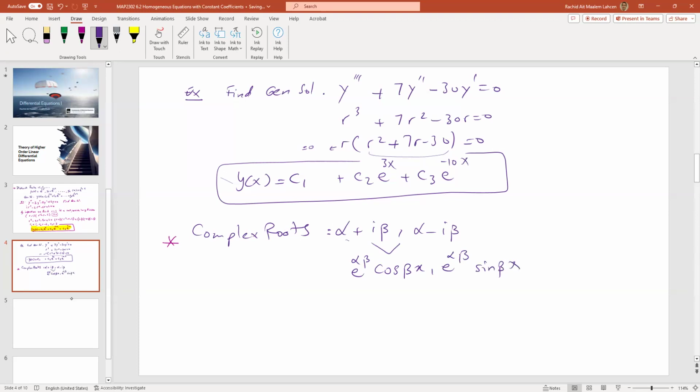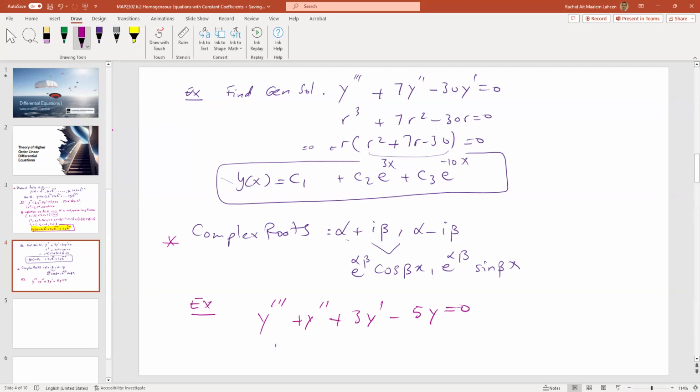So let's maybe do this in an example. Let's say we have a third order equation and we get this.